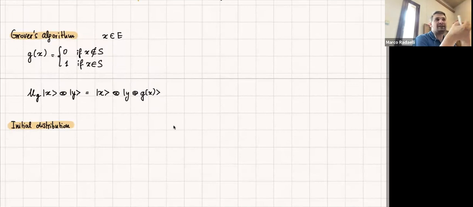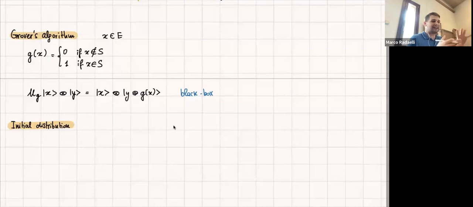So we will not deal with how to design an oracle. It's in general not an easy thing to do. So the specific form of this operator here is rather tricky. And usually when you think about Grover's algorithm, we always assume that the oracle has been given to us. So we are not going to discuss how heavy it is to build the oracle. The idea is that this is a black box. So someone gave you the oracle and you're just going to use it.